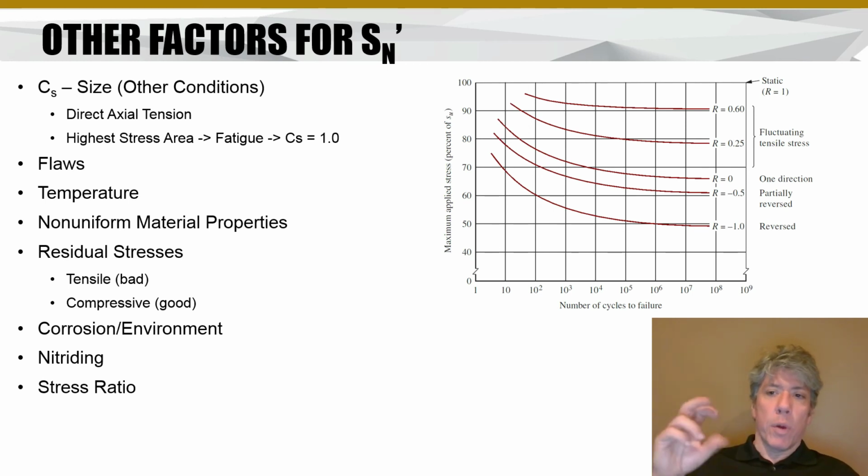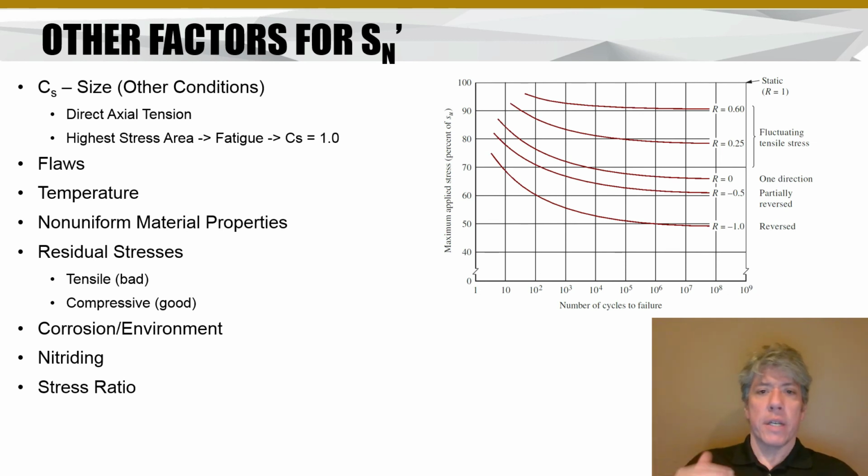If we get to the point where it's partially reversed, where the cycle now is moving down farther again, so we still have a positive tensile stress, but a negative, a compressive stress for our minimum stress. Well, then the negative stress in this case is half of the maximum stress, and so it's partially reversed.